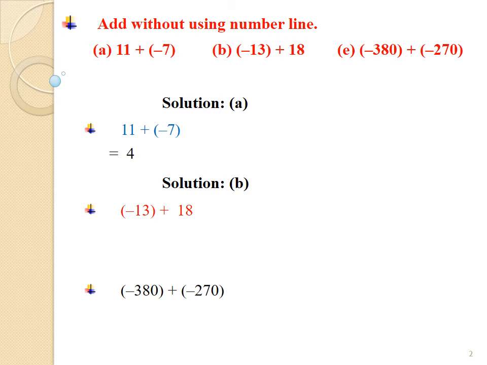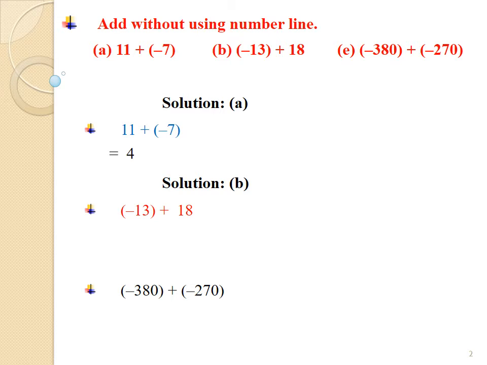So, we have to subtract as a whole number from bigger to smaller by ignoring the sign, irrespective of side, namely left or right. And the answer we get with greater absolute value.